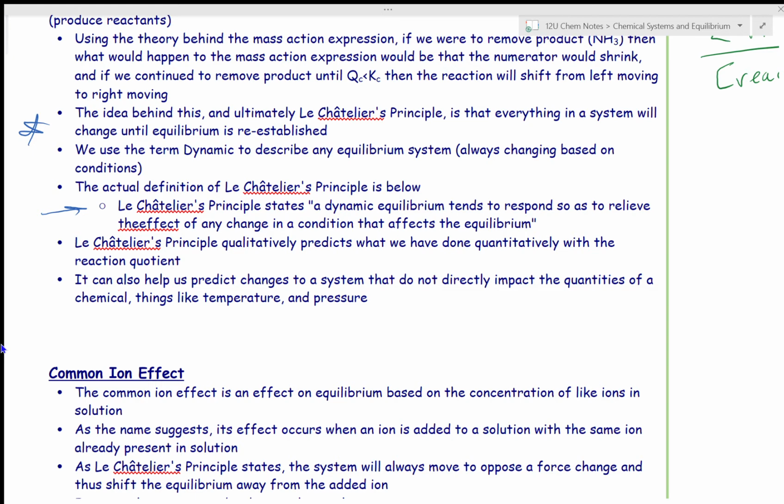So if I pull products out, it's going to try and make product. If I pull reactants out, it's going to try and make reactants. If I change the pressure, well, it can go in either direction. We're going to talk a little bit about that a little bit later. But you guys get the idea that this is a qualitative method that is rooted in understanding how the reaction quotient and equilibrium mass action expressions actually work.